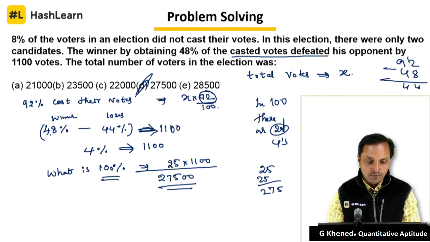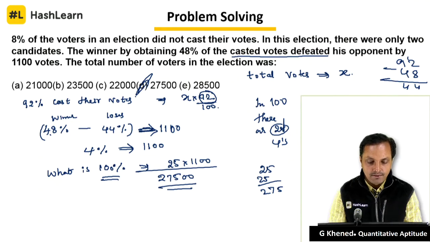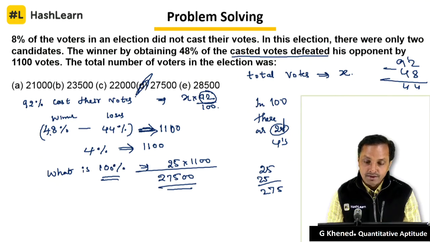The total number of voters is 27500, which is option D. Is it clear?